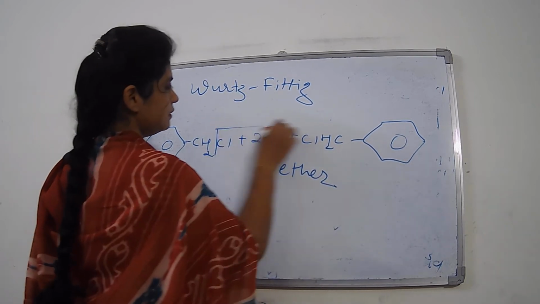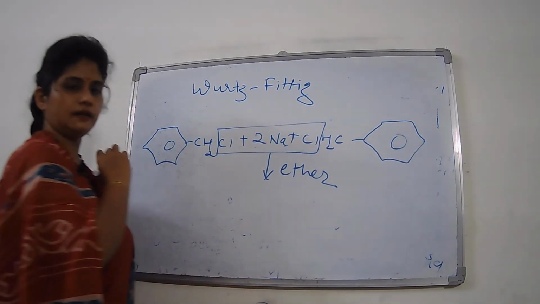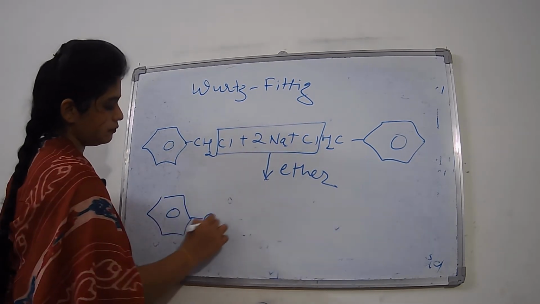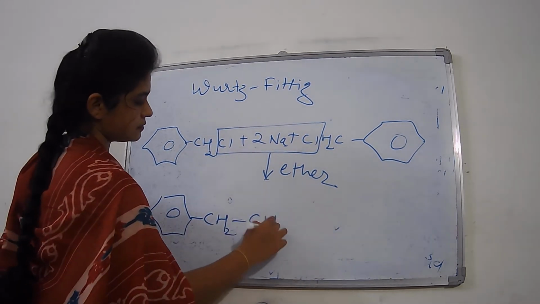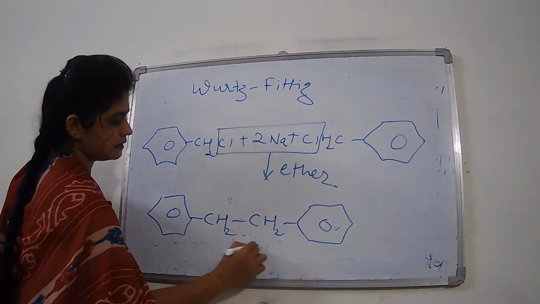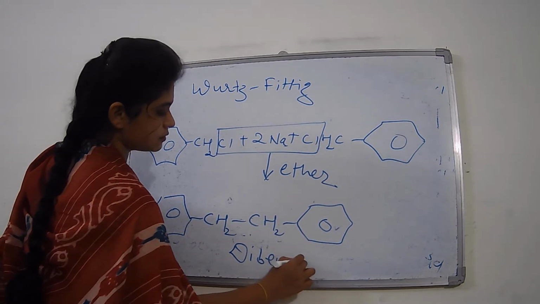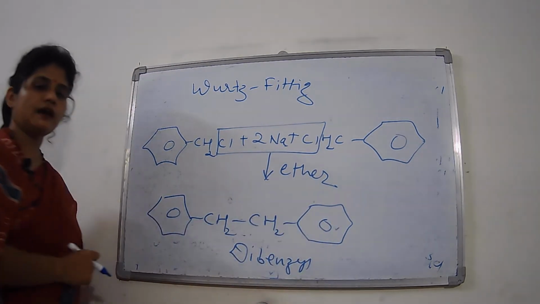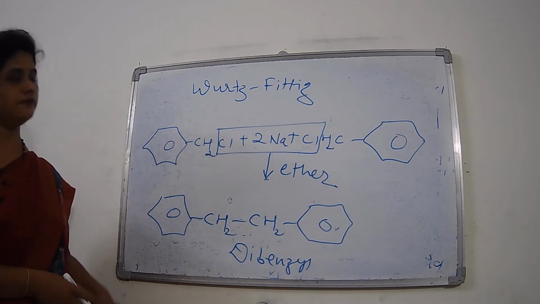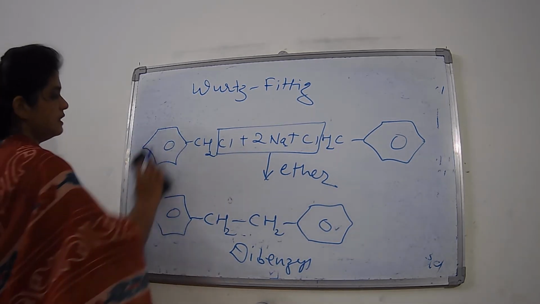Two NaCl get removed, and whatever remains is attached together to make a compound. This is called dibenzyl, because two benzyl groups are attached here. This is again one of the reactions carried out by benzyl chloride.